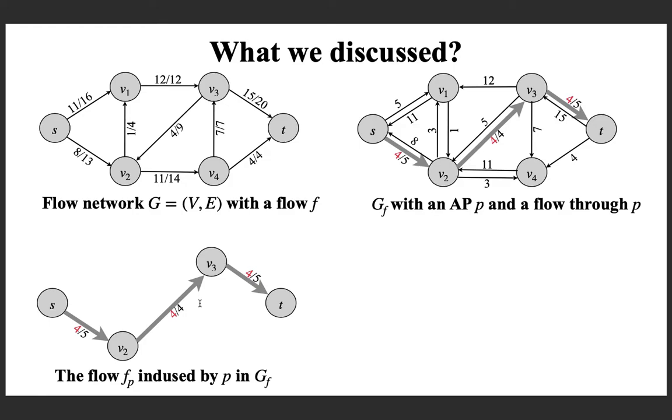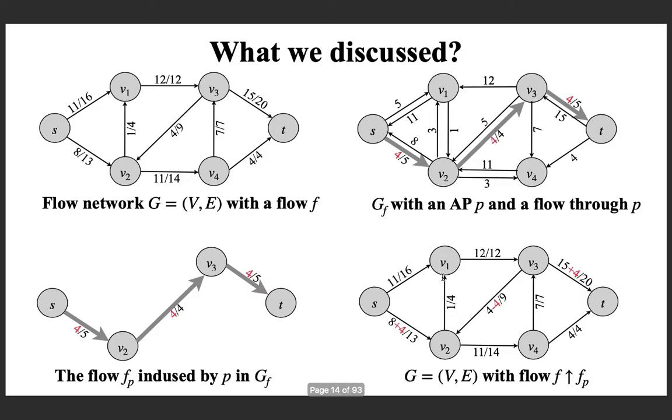And now you can augment this flow along this augmenting path with the original flow in the network. So, you are getting this. How are you getting this? If you look at the first flow along the same direction, you have 8 in the existing network and now 4 is added through the augmenting path.